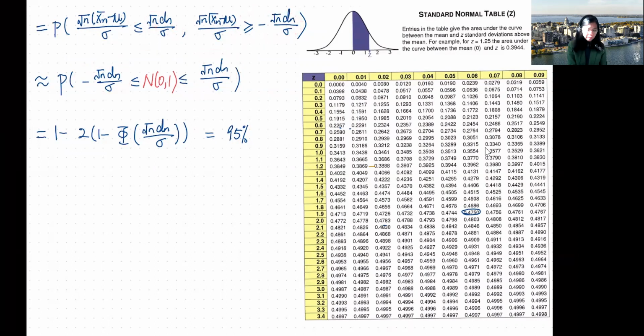So the coverage probability of that interval is approximately the probability that the standard normal falls between these two points.